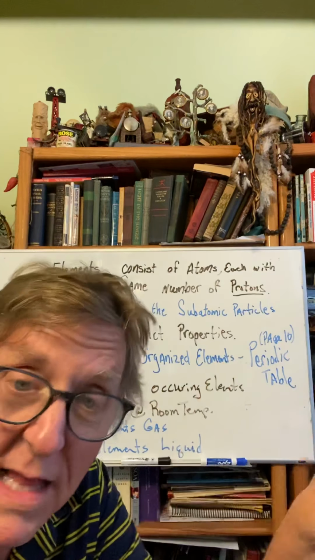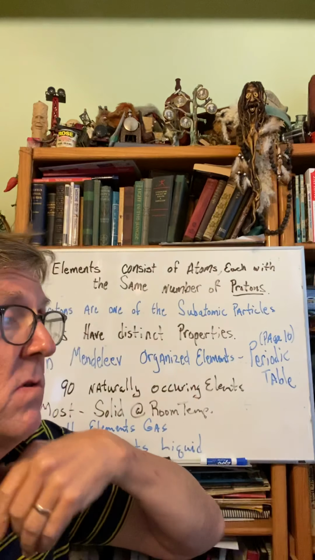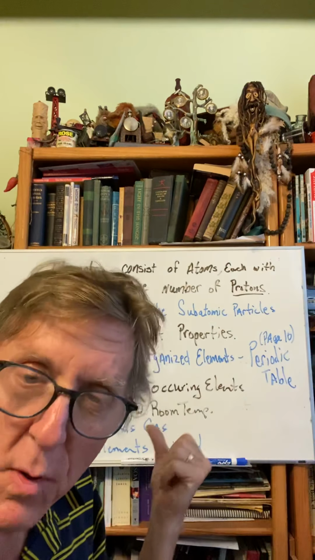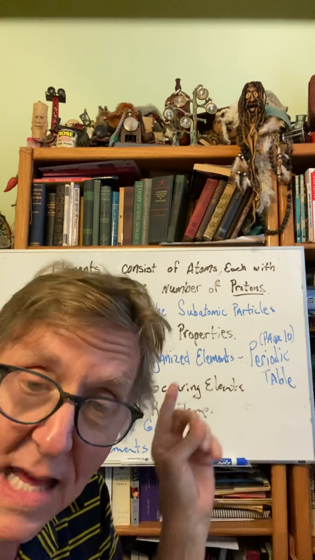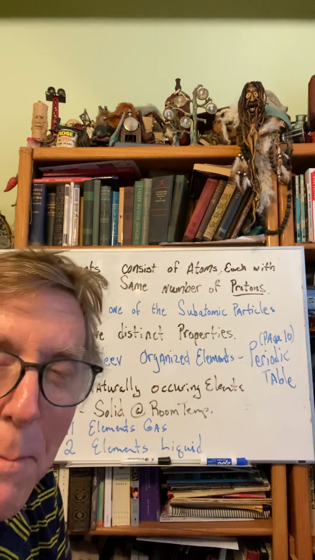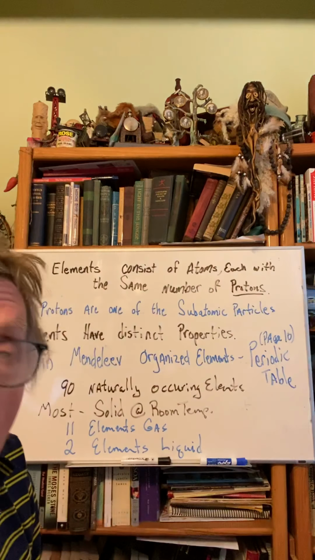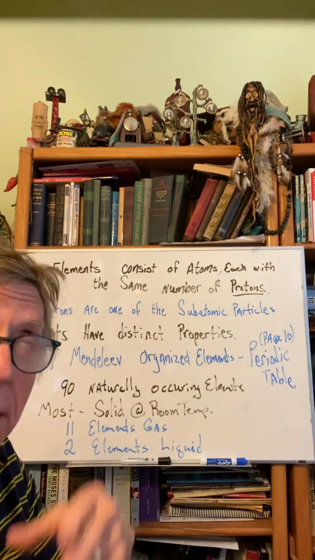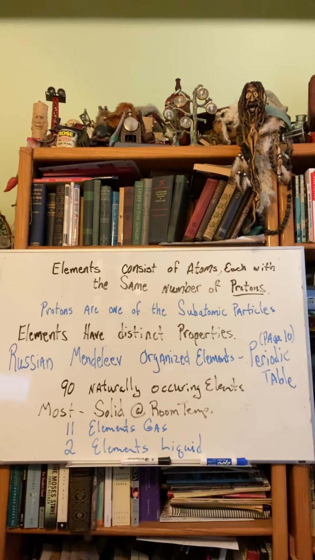So what we're really saying is that what determines the identity of an element is the number of protons in each of their atoms. And protons are one of the three basic subatomic particles found in an atom.